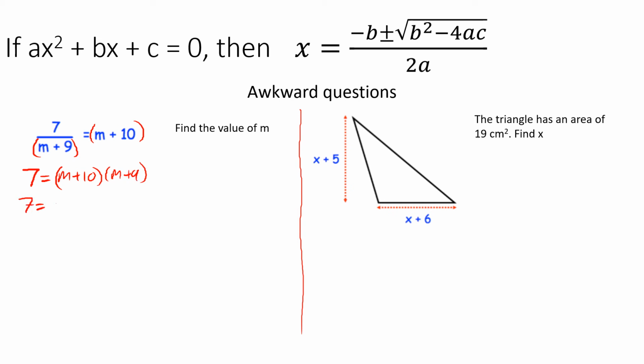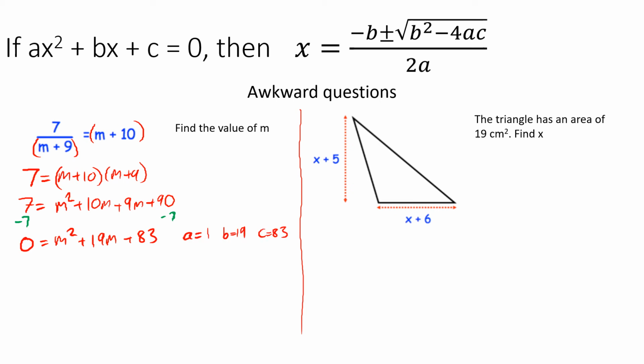So we'd end up with m squared plus 10m plus 9m plus 90. And then we probably want to subtract the 7 from both sides as well. So if we did that, we'd end up with 0 is m squared plus 19m, let's bring them together, plus 83. Then we could plug it into the formula.